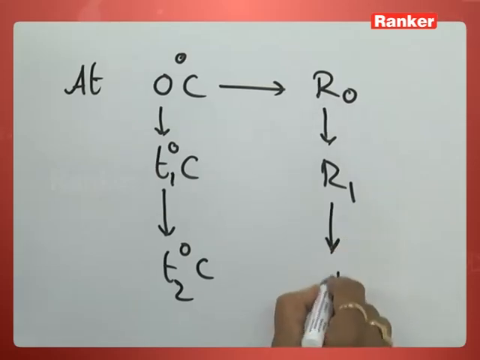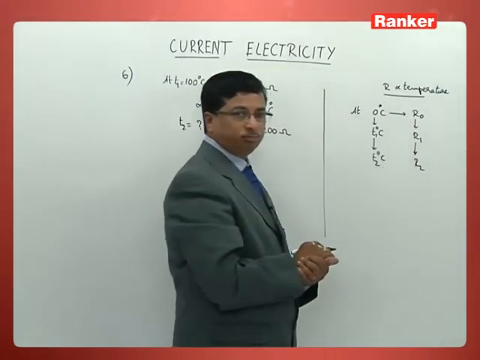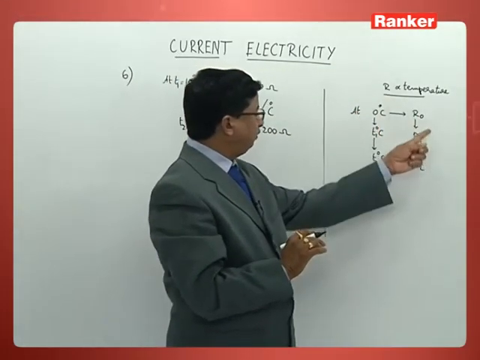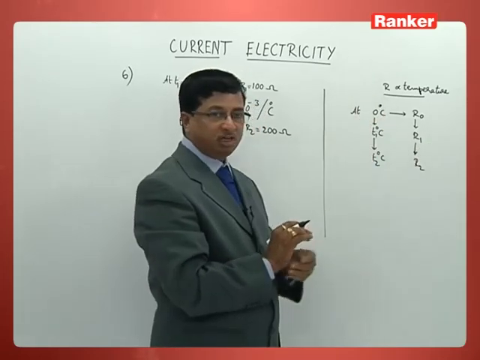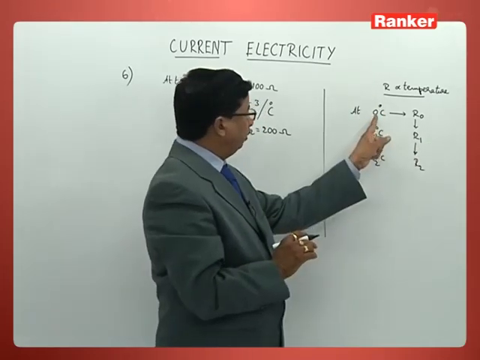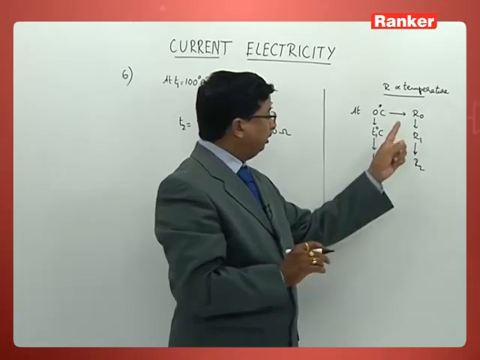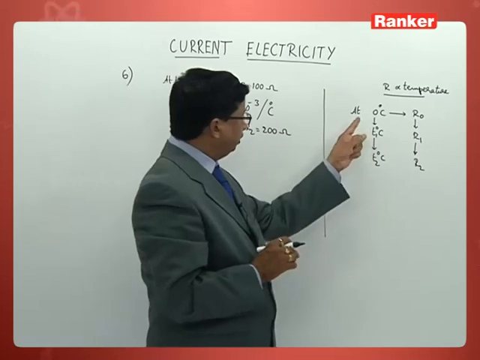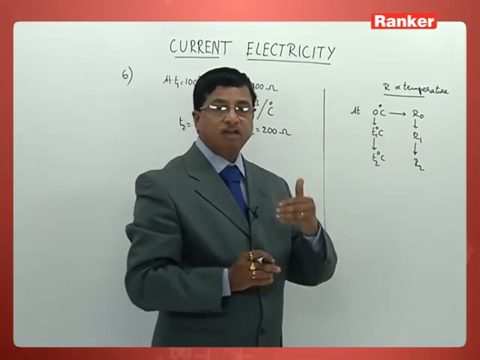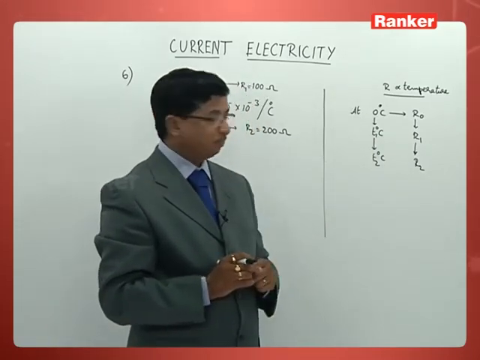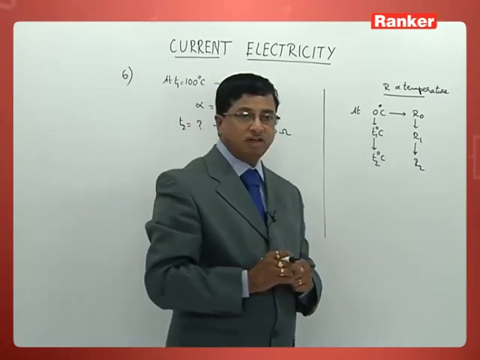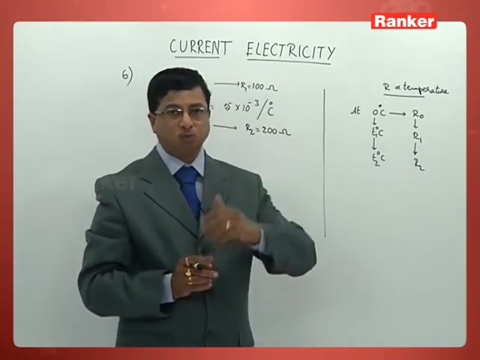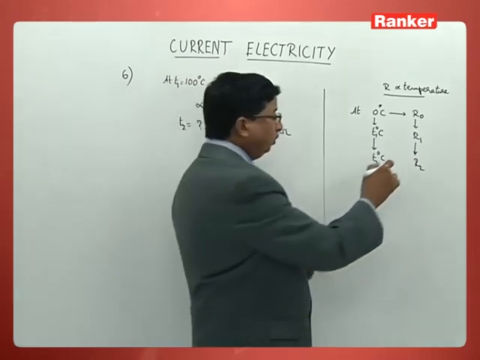Then the resistance has become R2. So just observe this concept carefully. At 0 degree centigrade, resistance of a conductor is R0. At T1 degree centigrade, resistance is R1. At T2 degree centigrade, resistance is R2.